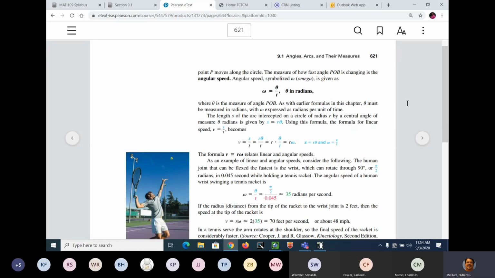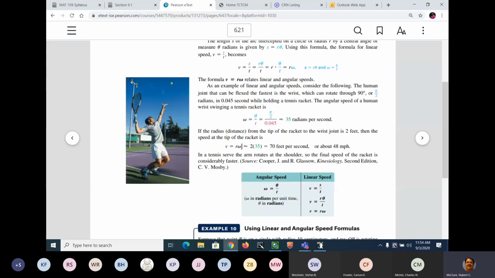Okay, W is equal to theta over T. And velocity is equal to R times W. There they are right there.